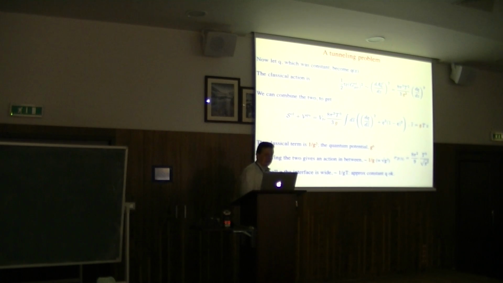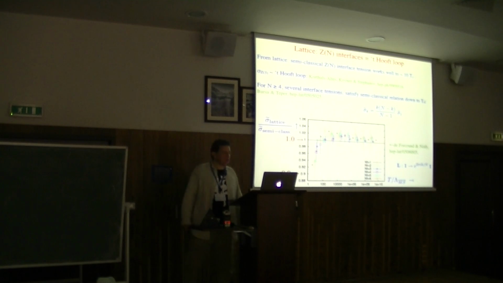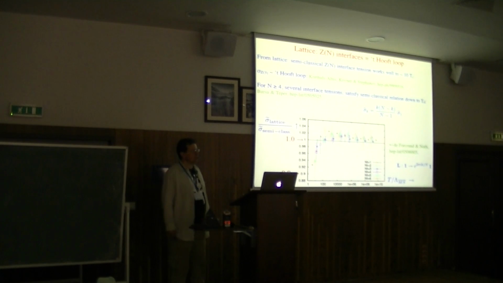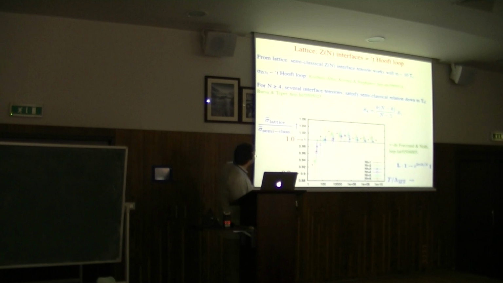So this is fine in weak coupling, and in fact, lattice simulations have shown that this works pretty well down to temperatures above 10 TC. This is results by Cortizantes, Kavner, and this is by Bursa and Pepper.